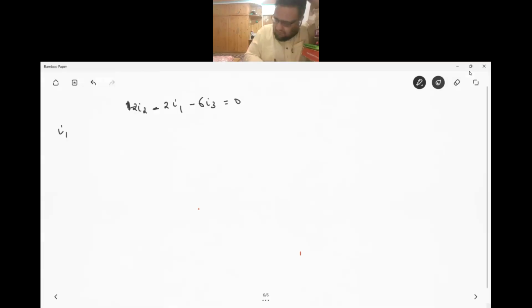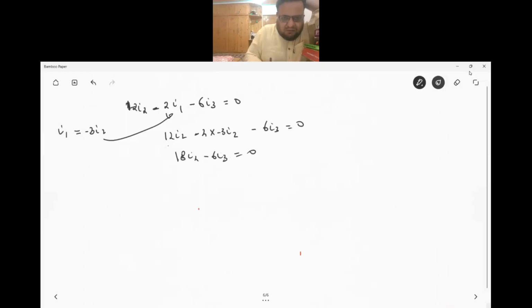And I also saw that my I1 value happens to be minus 3I2. So if I substitute this I1 value, I get 12I2 minus 2 into minus 3I2 minus 6I3 equals 0. Minus 2 and minus 3 become plus, so this will become 18I2 minus 6I3 equals 0.